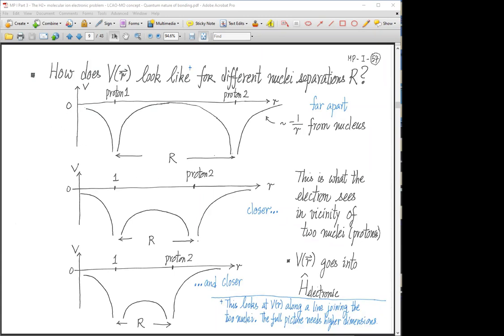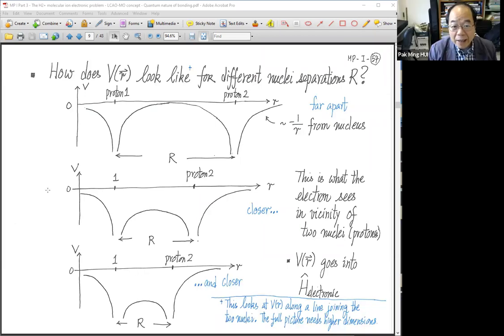We were doing the H2 plus molecular ion problem. It is the simplest molecule type problem, and it has one electron only, so we don't have to worry about electron-electron interaction issues.